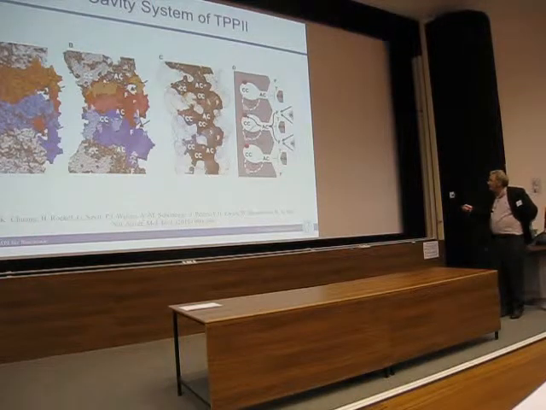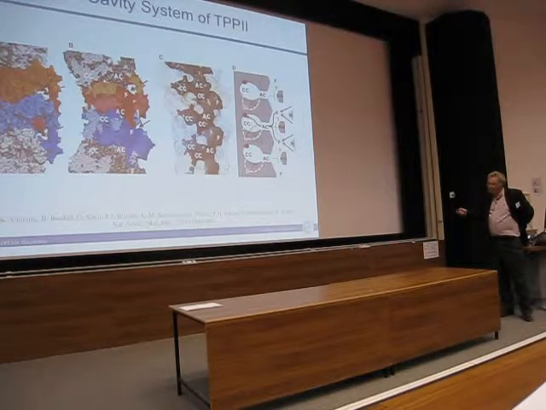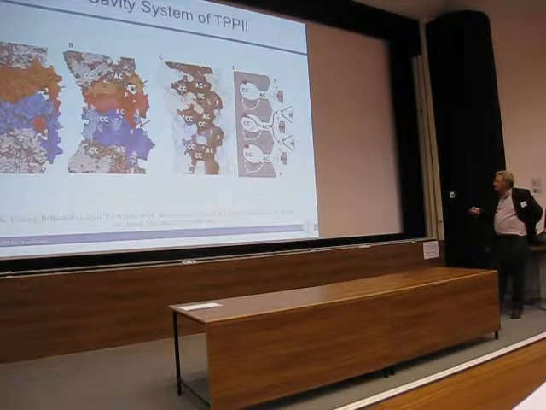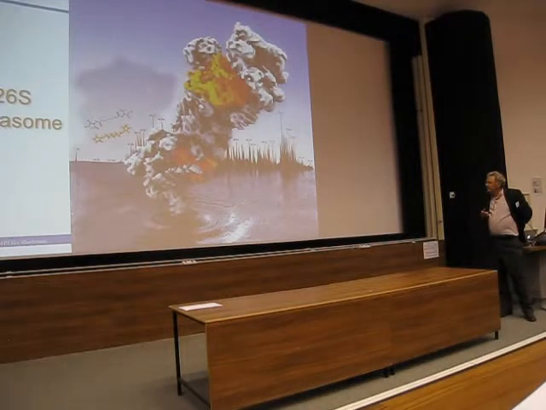Any substrate to be degraded has to pass a couple of constrictions, shown here schematically. There are two narrow constrictions here, roughly 10 by 10 angstroms, and that makes sure that only unfolded peptides have access to the active site. So the fact that activation follows sequestration protects the cell from unwanted or promiscuous degradation, if you like.